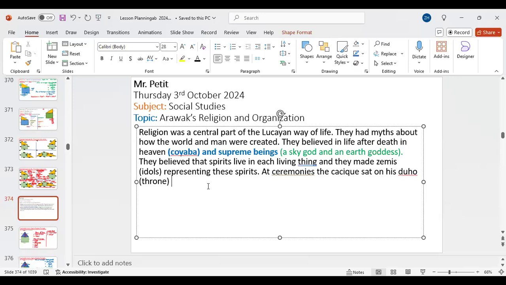At ceremonies, the cacique sat on his duho, while the priest, what do you think the priest was doing? Inhaled tobacco, which they call cohoba.